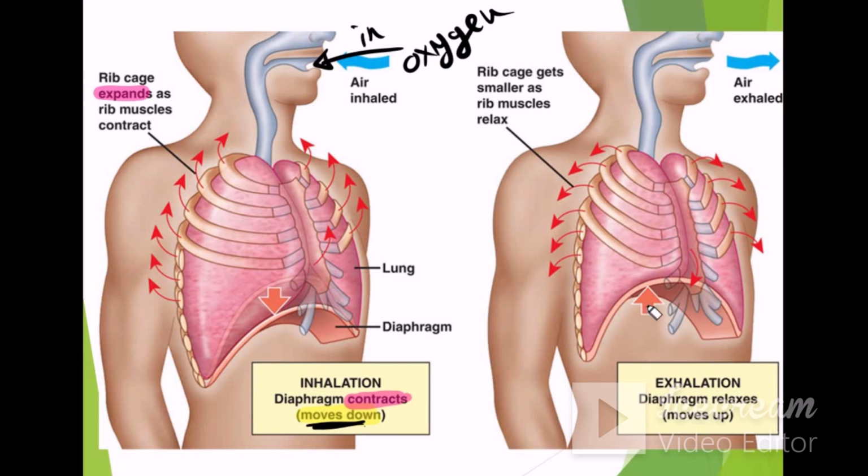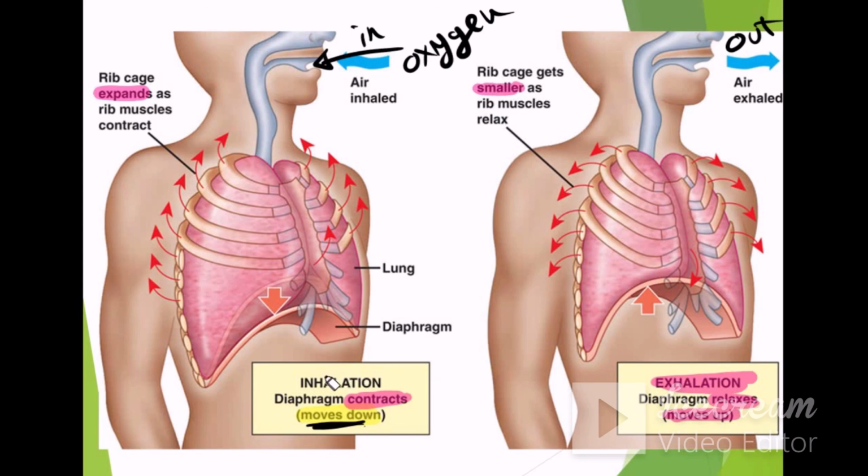When you exhale, or exhalation, when you get the air out, or when you get out the carbon dioxide, your diaphragm relaxes and moves up. And your rib cage and your lungs squeeze, become smaller, and push the air outside.